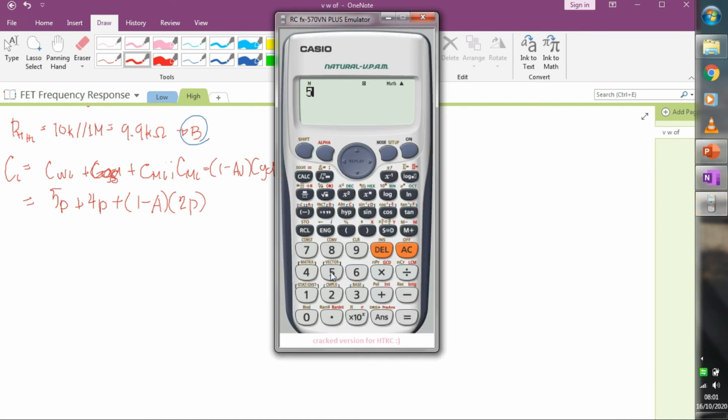So that's 5 negative. I'm gonna store yung value ko. Store ko siya kay B. Okay, so that's times negative 12 plus 4 times negative 12 plus 1 minus A, 2 times negative 12.